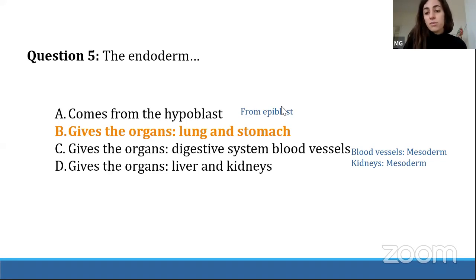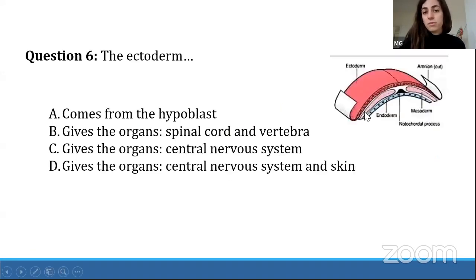The ectoderm. If you guys want to vote. Yes, so most of you have given the right answer for now.